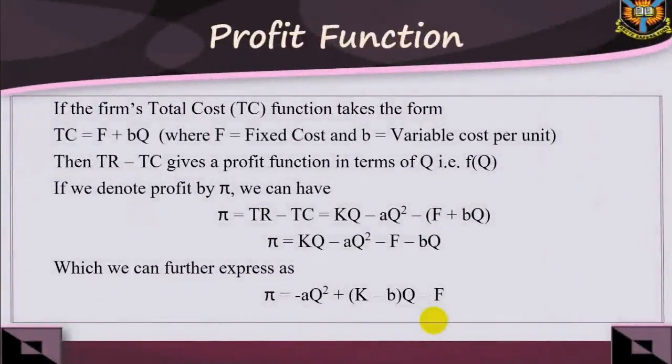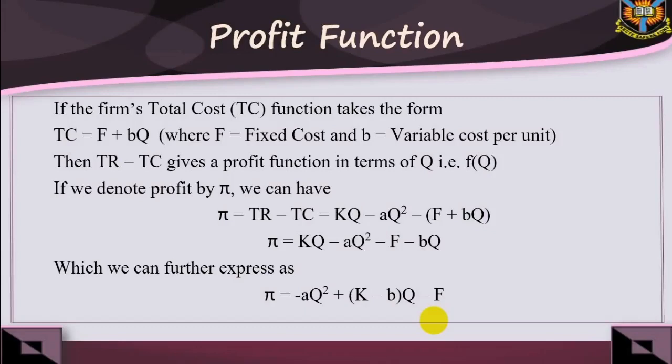Profit function. If the firm's total cost function takes the form TC equals F plus BQ, where F equals fixed costs and B equals variable cost per unit, then TR minus TC gives a profit function in terms of Q, that is f of Q. If we denote profit by pi, we can have profit equals TR minus TC, which equals KQ minus AQ squared minus F plus BQ in bracket.